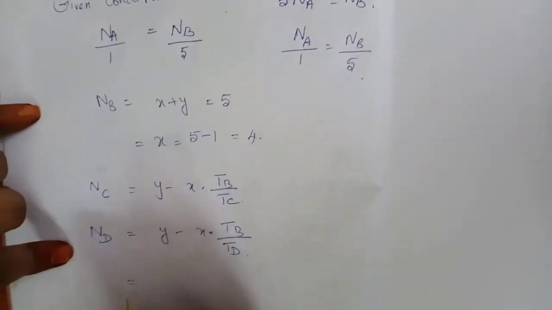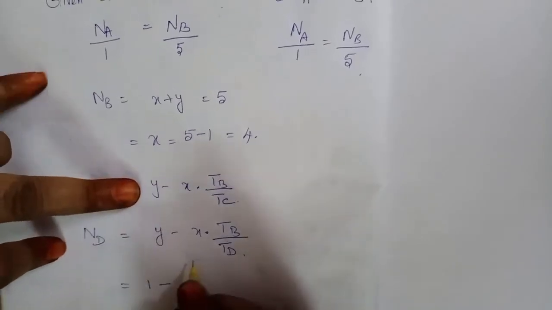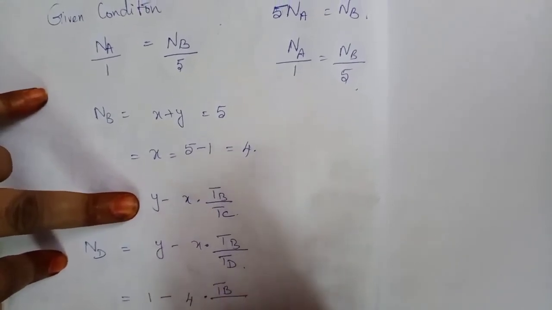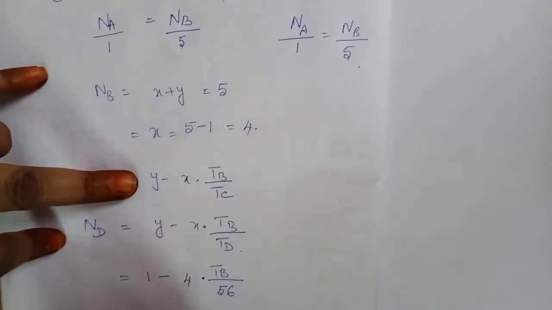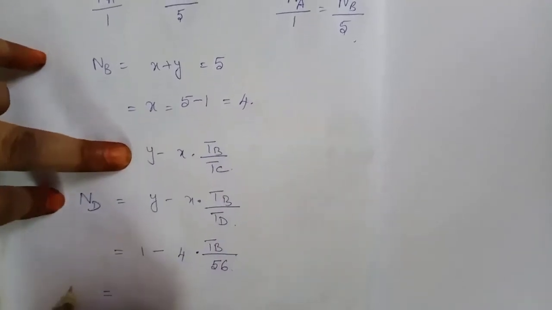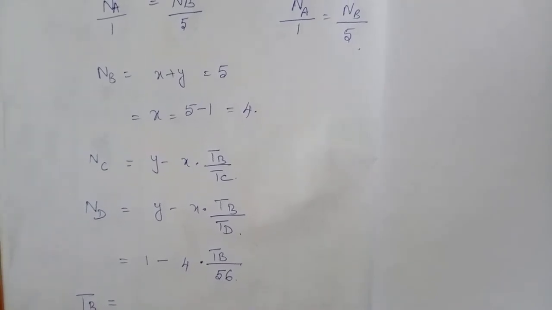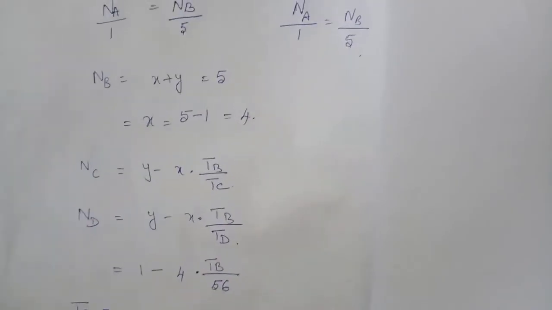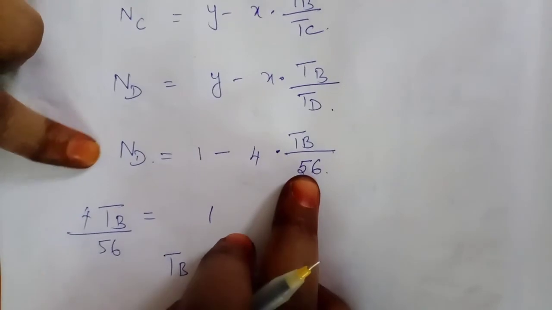TD value we already know is 56. So y is 1 minus x is 4, TB you don't know, put it as it is, TD is 56. So ND equal to 1 minus 4 dot TB by 56.